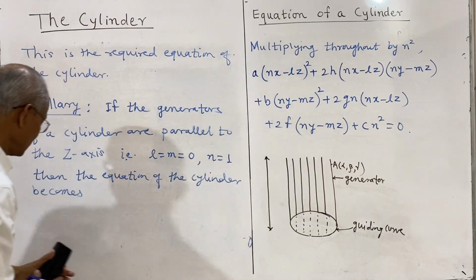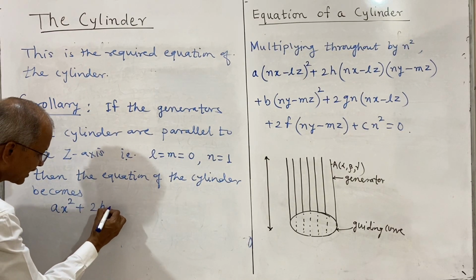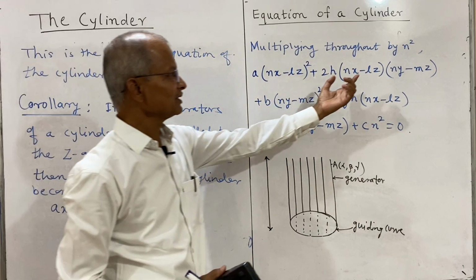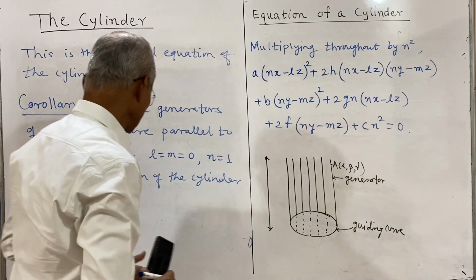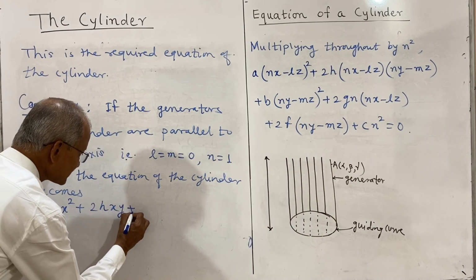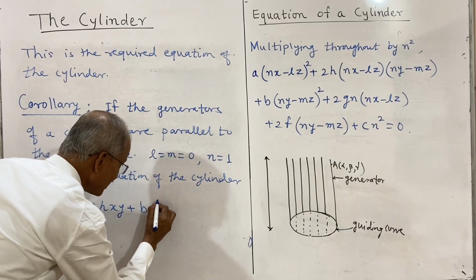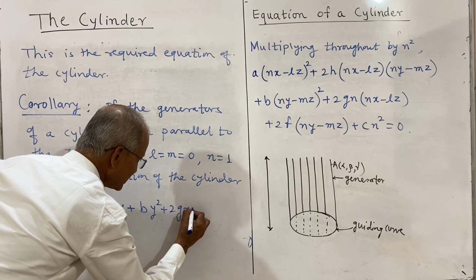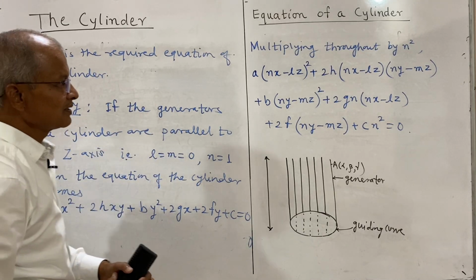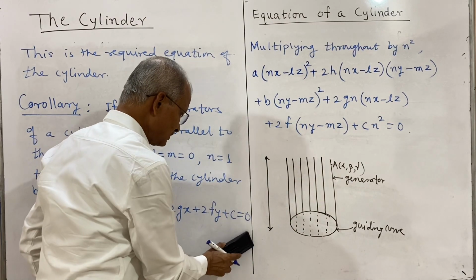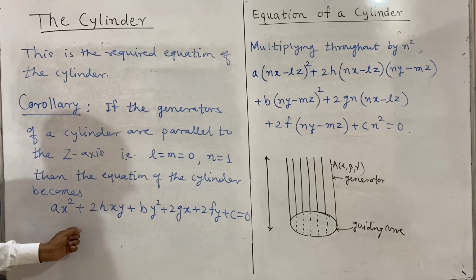So that is a x square, plus 2h, again the term is x, this term is x, and here n is 1, m is 0, means this term is y. So 2hxy plus b y square, plus, you may check this, 2gx plus 2fy plus c is equal to 0. N is 1. And this is the equation of the cylinder if its axis is parallel to the z axis.